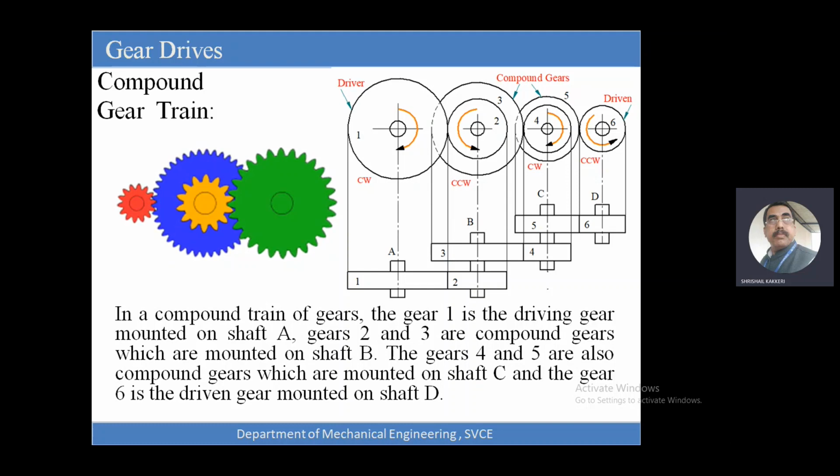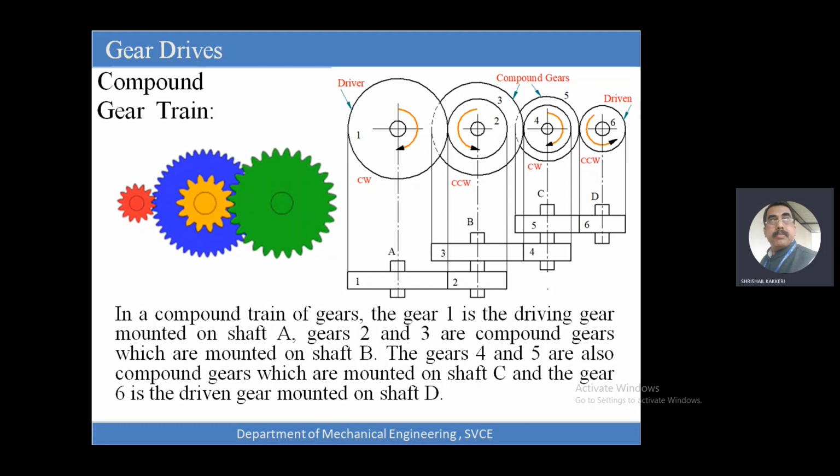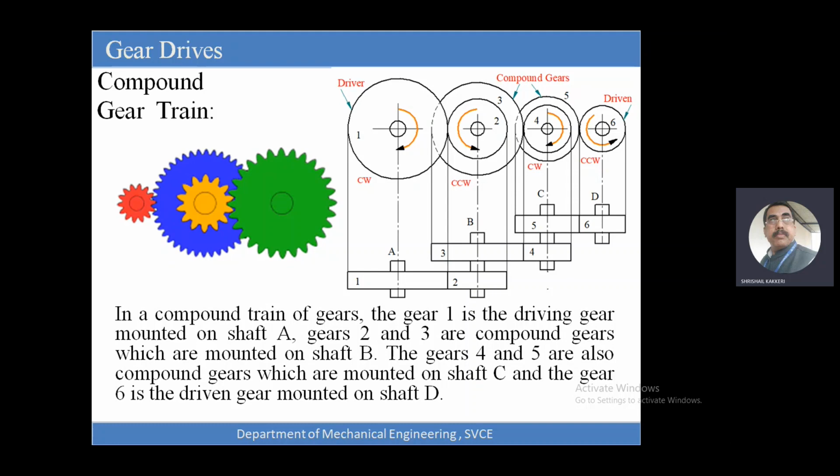This is no problem. Now here, this is the velocity ratio of a particular gear system. But here, gears 3 and 2 are mounted on the same shaft. That means the speeds of gears 2 and 3 are equal. N3 will be equal to N2 because the two gears are mounted on the same shaft, and gears 4 and 5 are mounted on the other shaft. N4 is equal to N5.